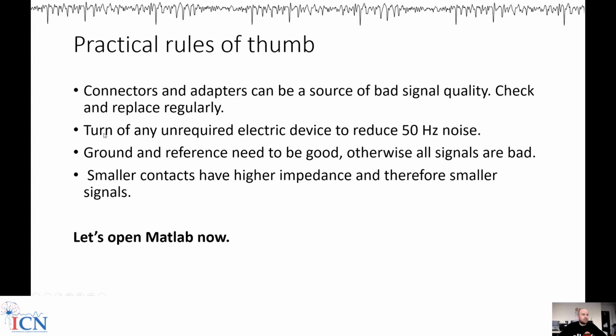And that's true for any electrophysiology research: turn off any unrequired electric device to reduce 50 Hertz noise. In our lab, I go in and plug out anything that is in the wall, really anything. We record with LFP on a laptop. Our device is battery powered.